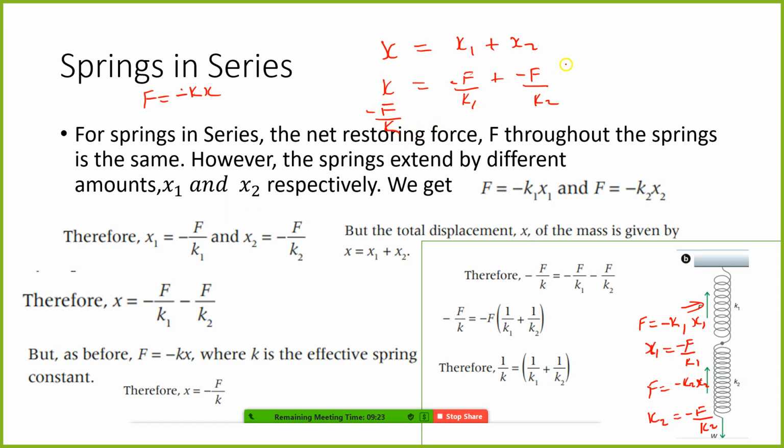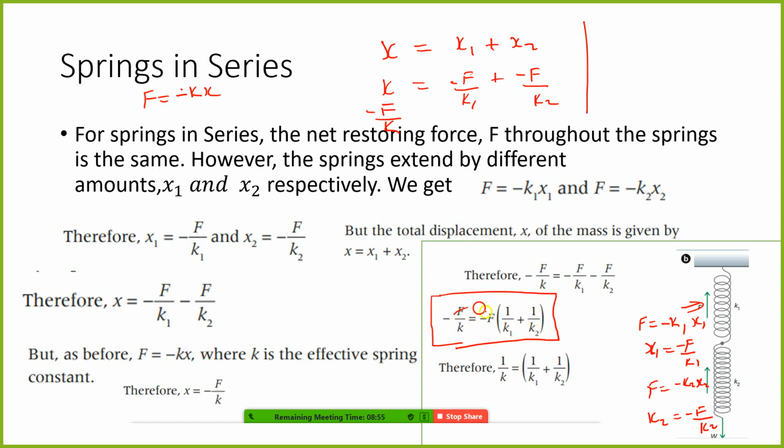So at the end of the day, we're left with this. If you check this thing right here, you'll see it. Because what I'm really doing is just rewriting some of what is here already. But this is what we're now left with, to say that minus F divided by K is equal to minus F, open bracket, 1 divided by K1 plus 1 divided by K2, close bracket.